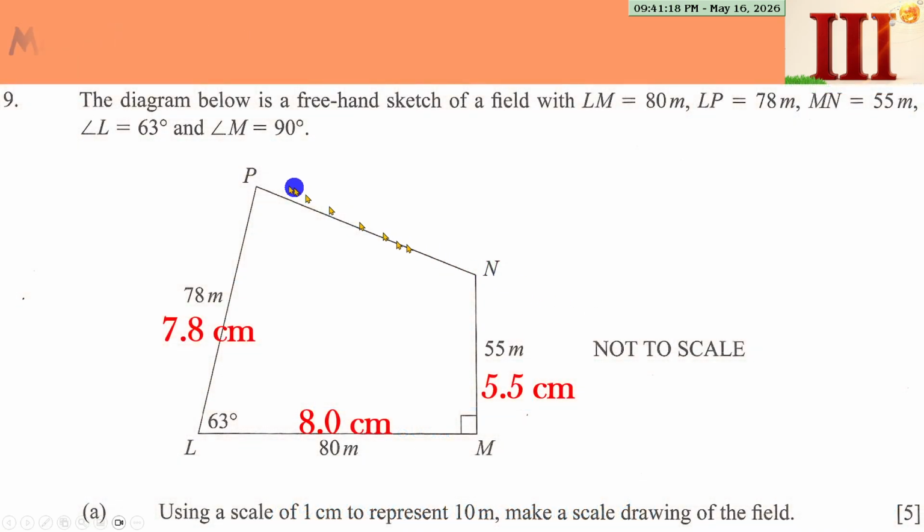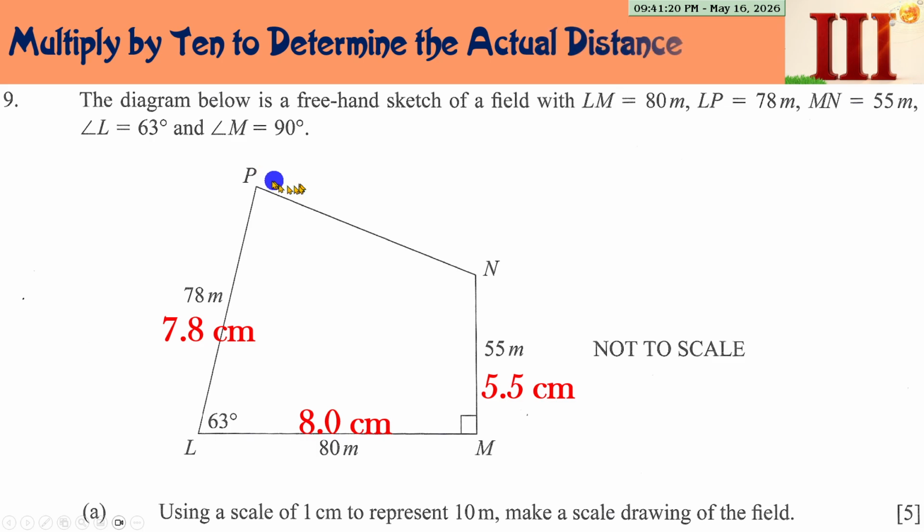And so when we go to find this distance, notice this was not drawn to scale, and so the 4.5 becomes 45 meters. I neglected to put in the 63 degrees and the right angle symbol. When you're doing your test, do not neglect to do that.